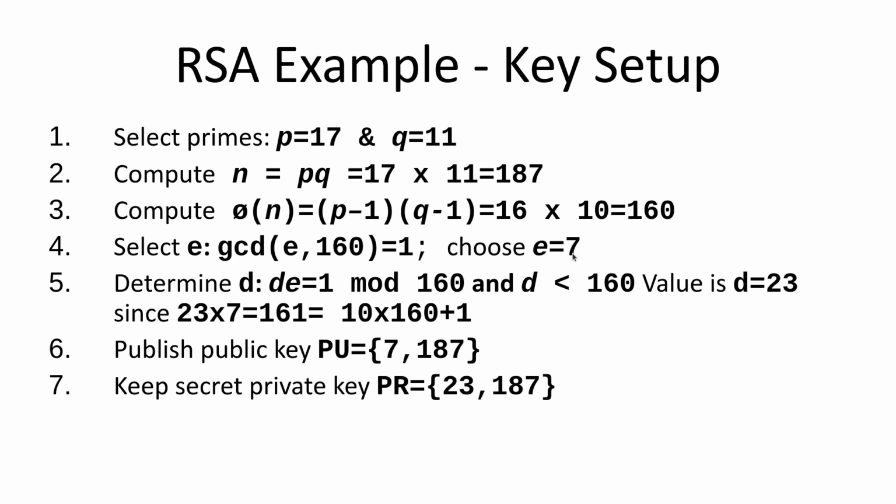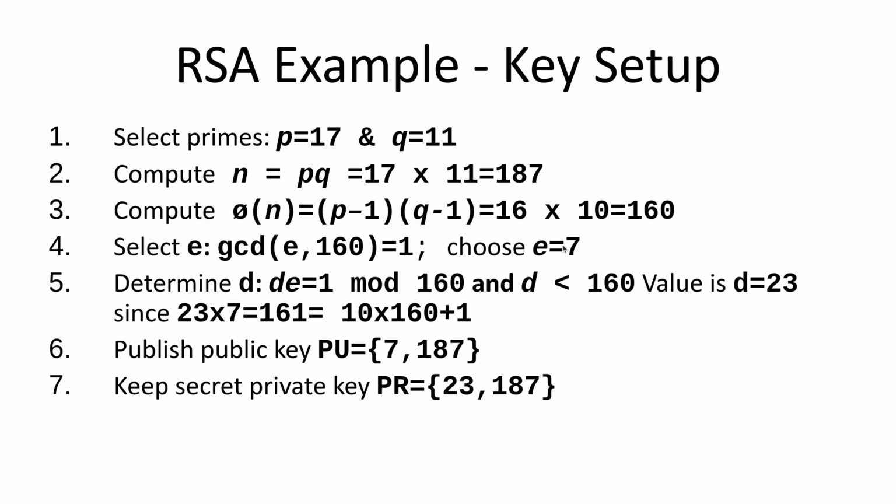Then, to find the private key, we need to find the inverse of 7 mod 160. When we find the inverse, we find that D is equal to 23.